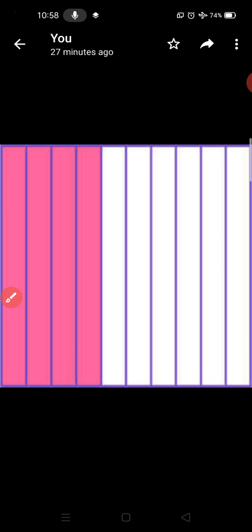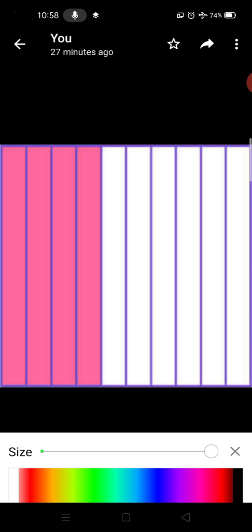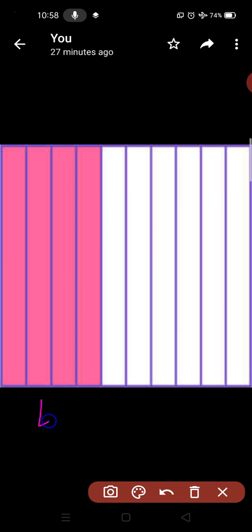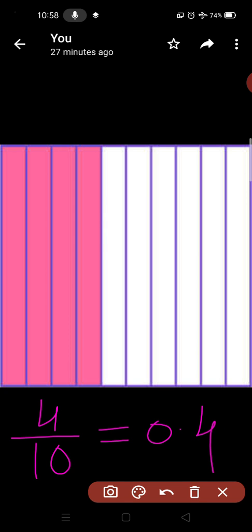Next, here out of 10 parts, 4 parts are colored. Then how can you denote it using a fraction? 4 out of 10, or 0.4. So 4 by 10 is a fraction and 0.4 is a decimal number. Fraction and decimal both are the same in value.